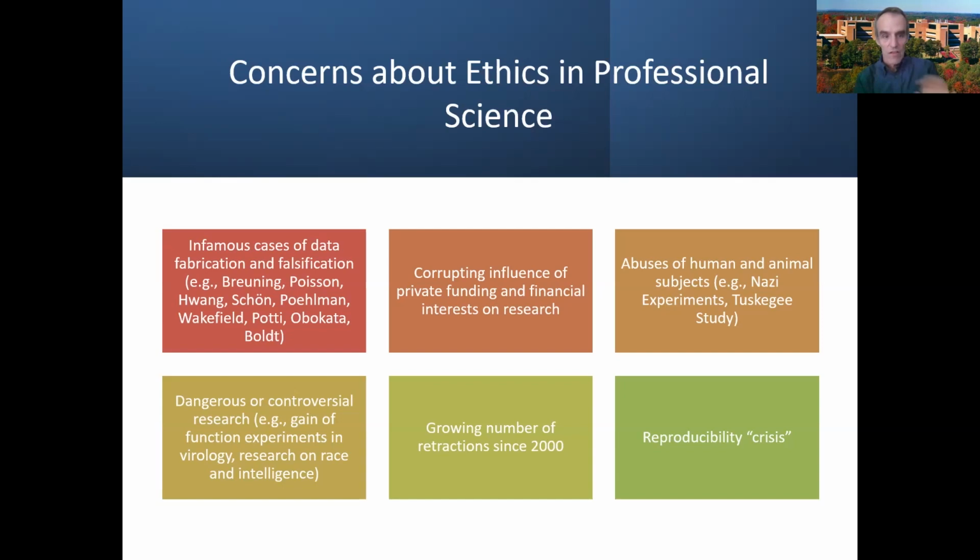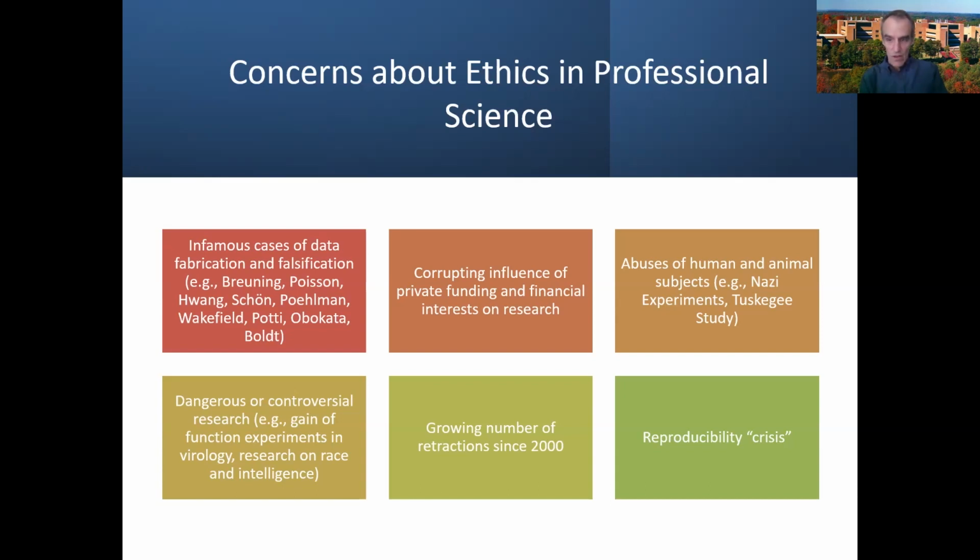Unfortunately, these cases keep popping up. We do everything we can to try to discourage fabrication and falsification, but it still seems to happen. There are also concerns about the corrupting influence of private funding and financial interests in research.